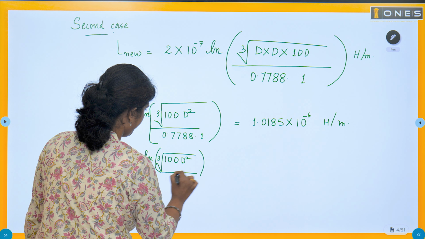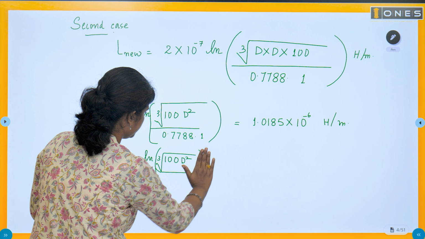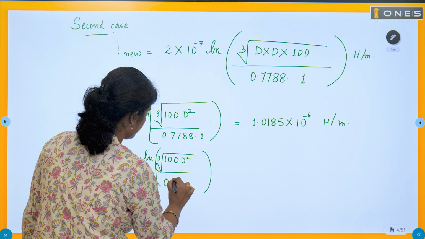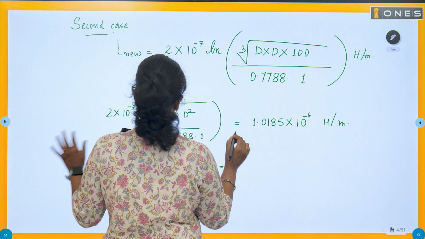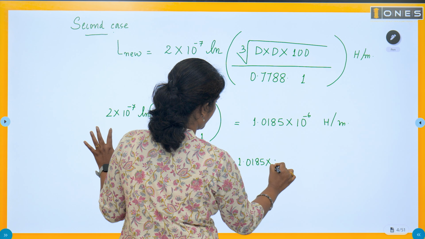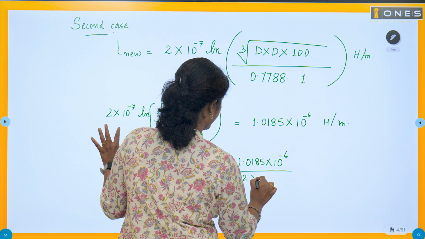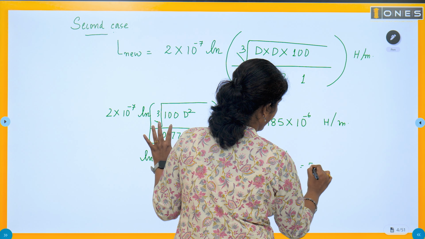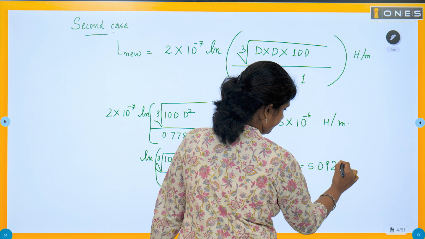So we have to solve ln of the cubic root of 100 D square divided by 0.7788 equal to 1.0185 into 10 to the power minus 6 by 2 into 10 to the power minus 7. This you will get as 5.0925.